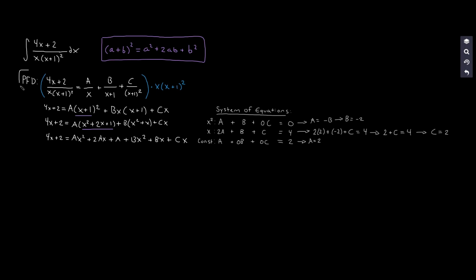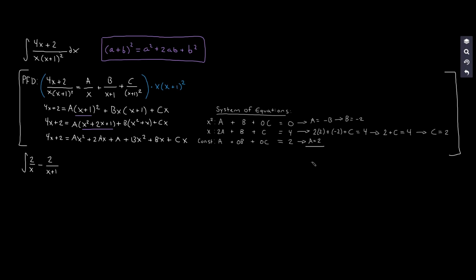And then I'm going to throw this in some parentheses. And so we have our setup. So the indefinite integral, so we have a over x. Well, we know that a equals 2. So we're going to have the indefinite integral of 2 over x minus b, and we know that b is negative 2, right? So it's going to be minus 2 over x plus 1.